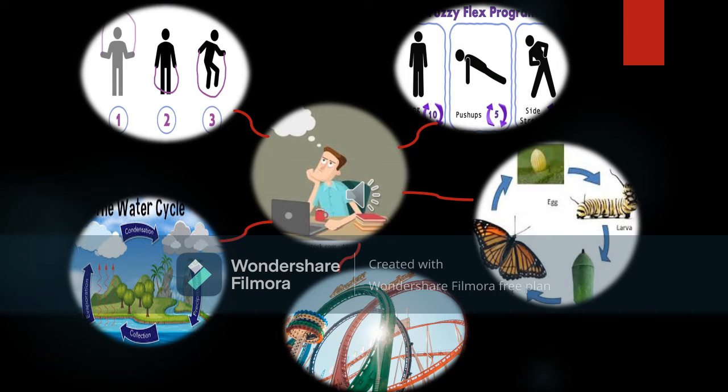Okay. In the second picture, you can see a boy doing push ups. Again, the same task is being repeated. This is also one example of looping.